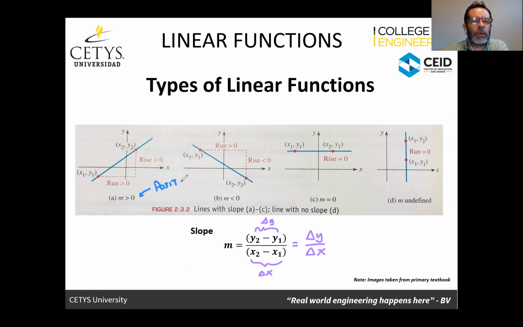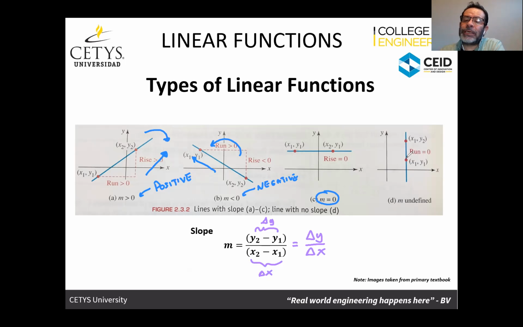A completely horizontal line, m equals 0. So the slope of a completely horizontal line is m equals 0. And a completely vertical line, m is undefined.